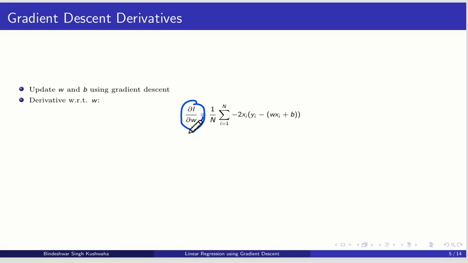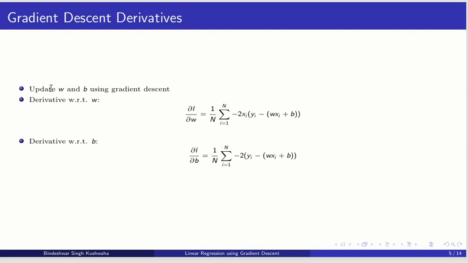So the loss function, or cost function, is a function of the parameters. So partial L upon partial w, because the loss function is a function of w as well as b, and when we differentiate or take the derivative, we will have this term. The same way for b we will have this term.